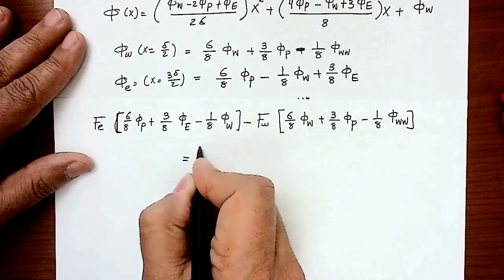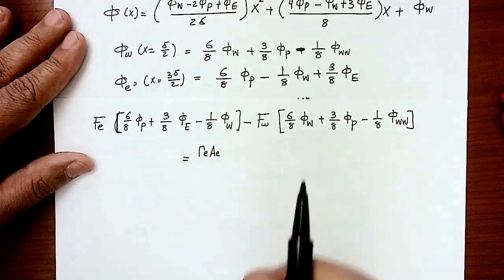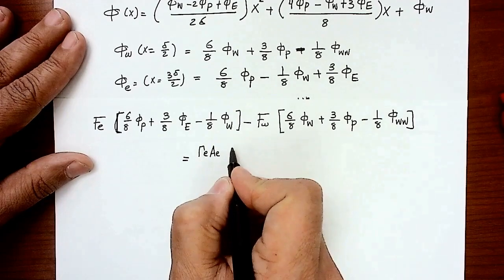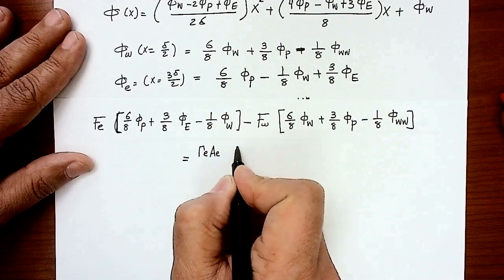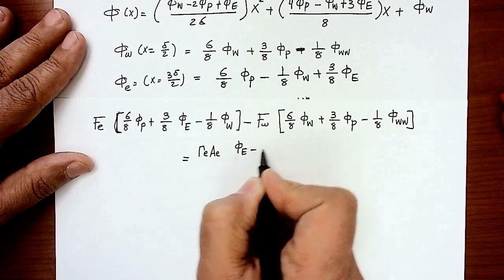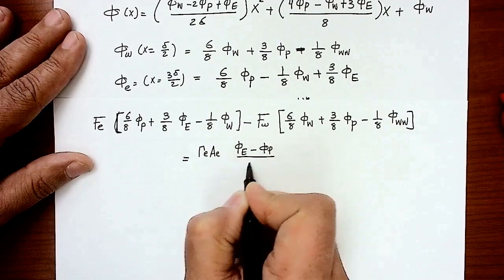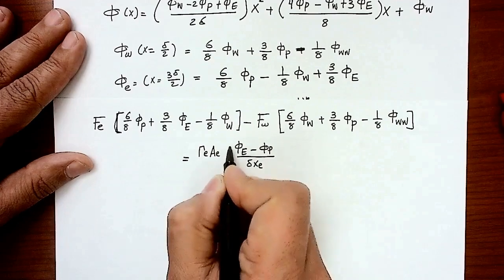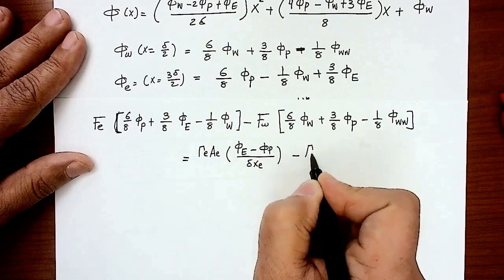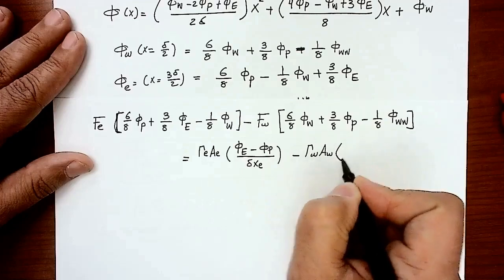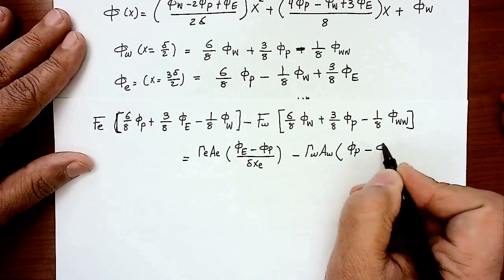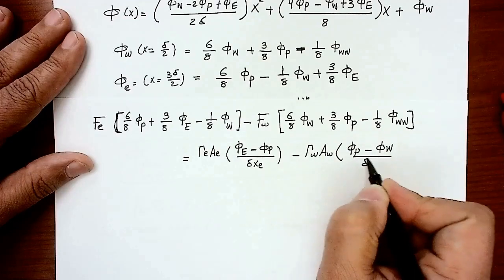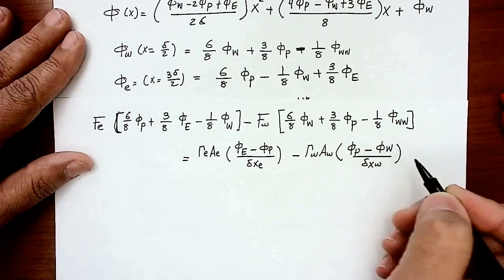It's equal to kappa east A east. Again, for interior nodes, d phi by dx in the east can be simplified to phi east minus phi P divided by delta x east, minus kappa west A west, which is phi P minus phi west divided by delta x west.